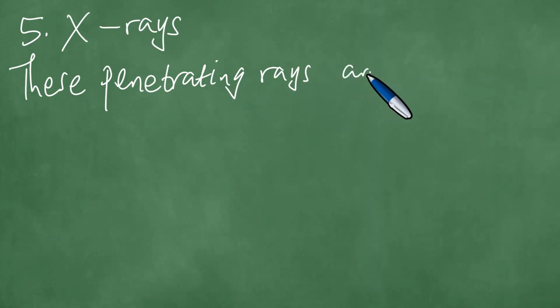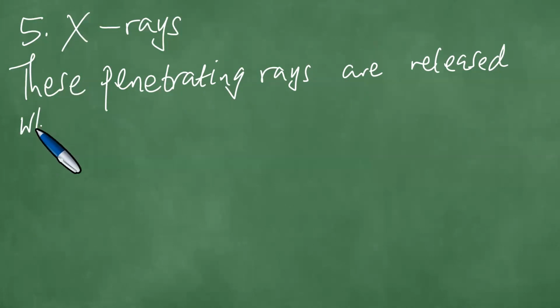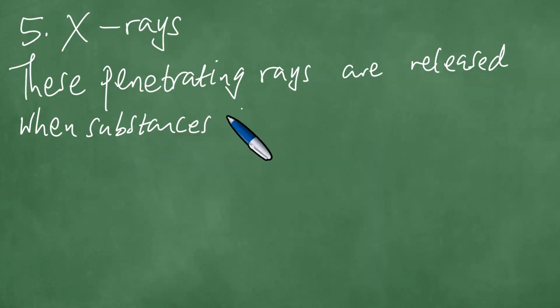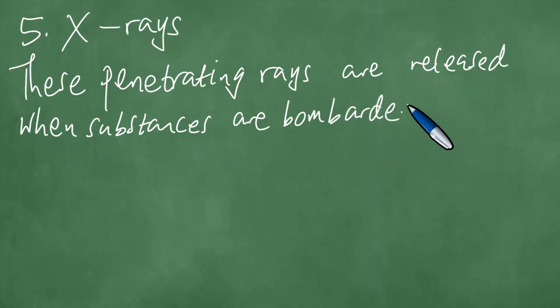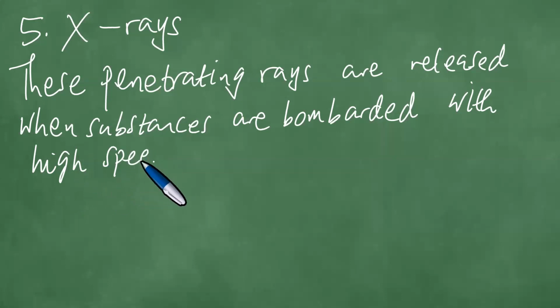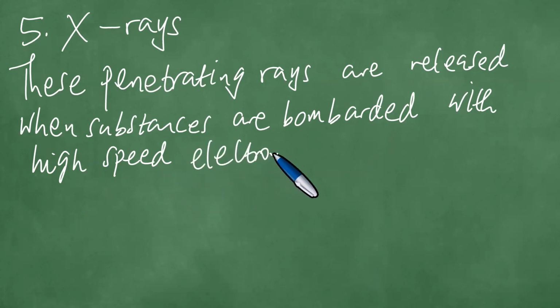The X-rays are penetrating. These penetrating rays are released when substances are bombarded with high speed electrons.